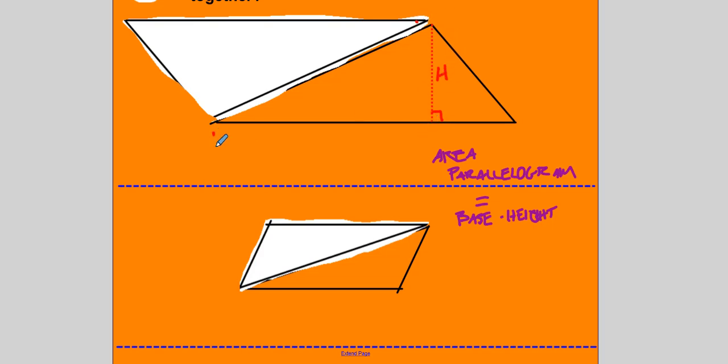Then this here, that's my base, I'll call it B for base. We showed before that if you cut this triangle here and paste it over here, you have a rectangle, and the area of a rectangle is base times height. So the area of a parallelogram is also base times height.